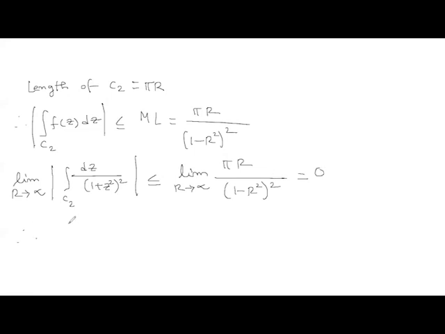So we are getting the principal value of the integral from minus infinity to infinity of dx by (1 plus x square) whole square as equal to pi by 2 minus 0, that is equal to pi by 2.